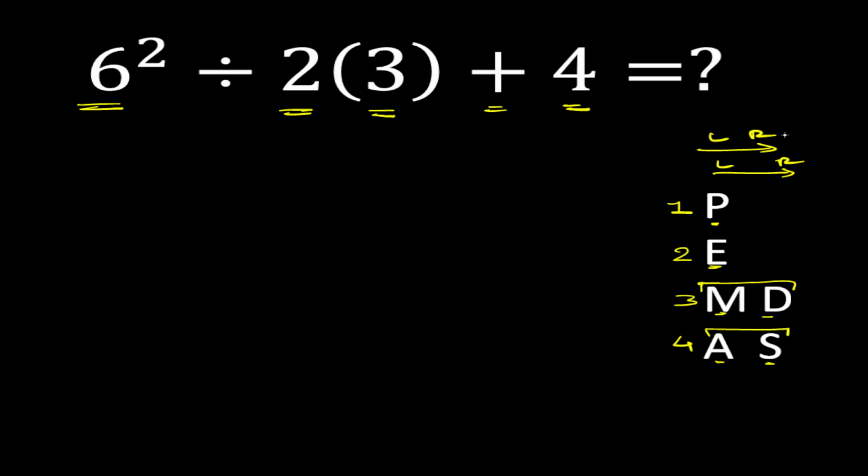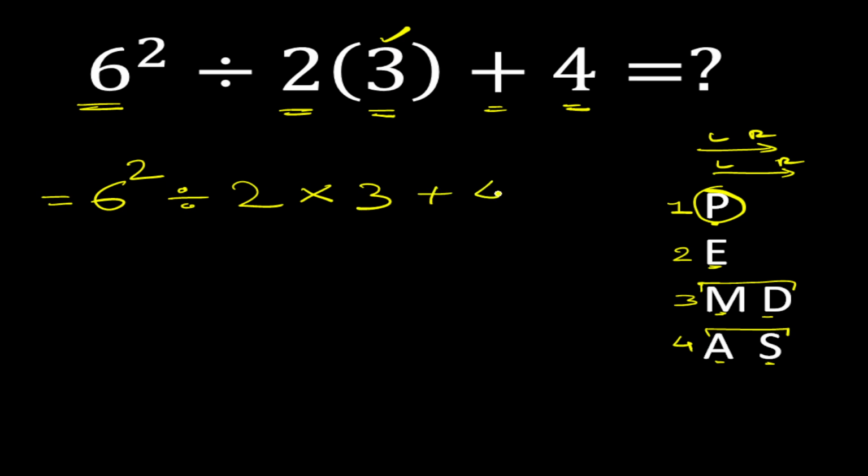So now in this question, first we have to solve parenthesis. So is equal to 6 square divide 2. Now solve this parenthesis. In this parenthesis we have only 3, so multiply 3 plus 4.